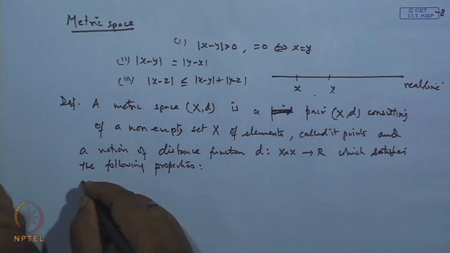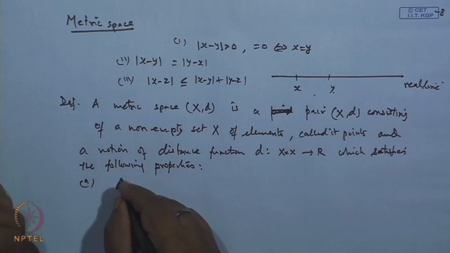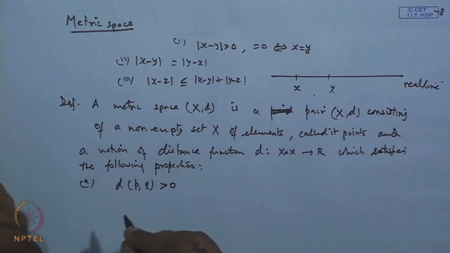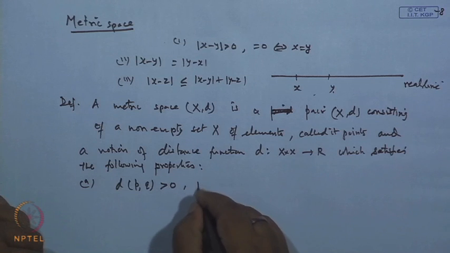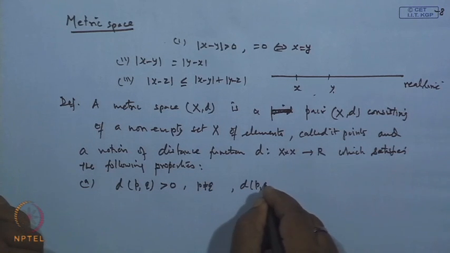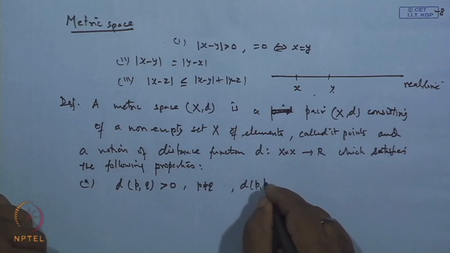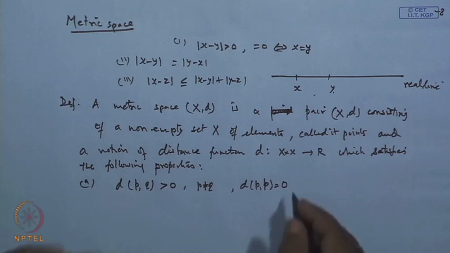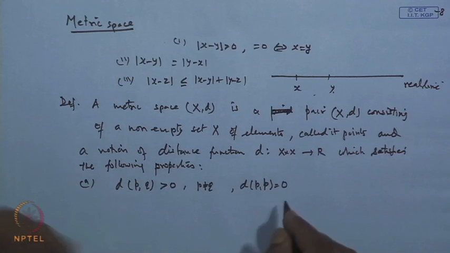The first property is that the distance between the 2 points p, q is greater than 0 if p is different from q, and the distance between p and p is 0. In fact, the other way around also we can say, vice versa also.